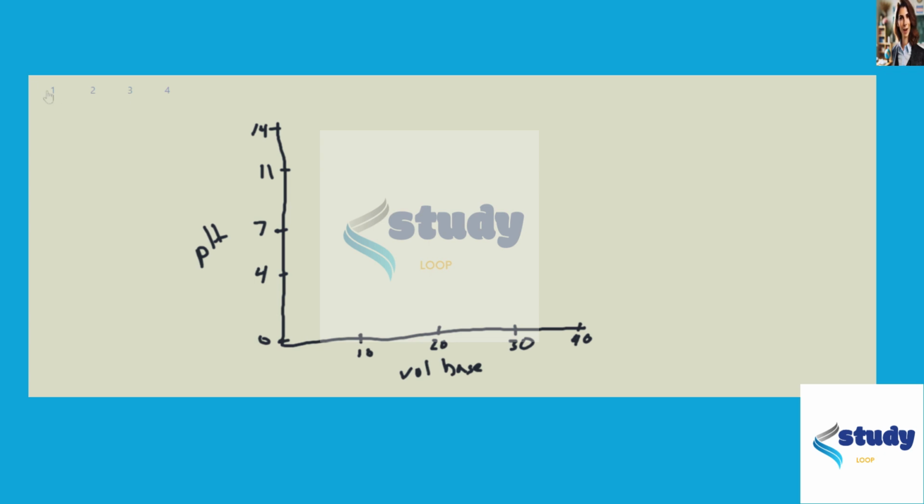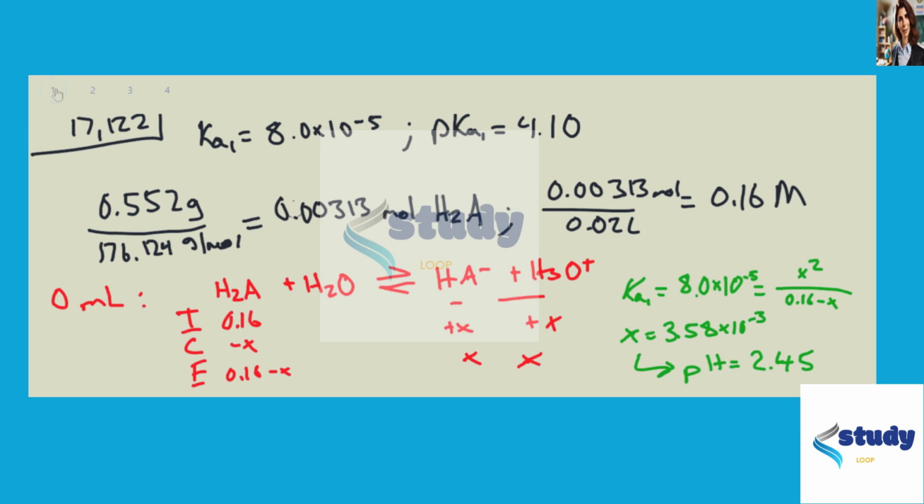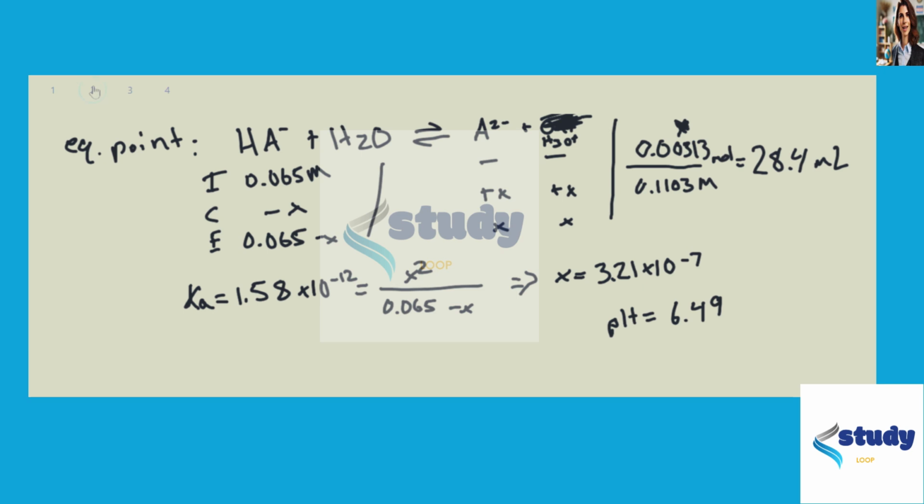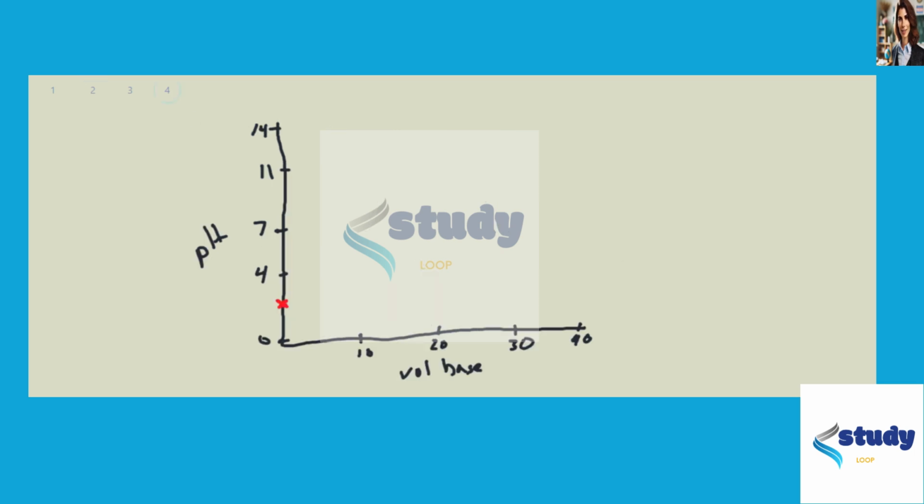But let's go ahead and check each point that we have. So initially at 0 milliliters, the pH was 2.45. So we can draw that a little above halfway around here, between 0 and 4. Then for the second point that we had at the equivalence point, we said that the pH was 6.49, and this occurred at 28.4 milliliters.